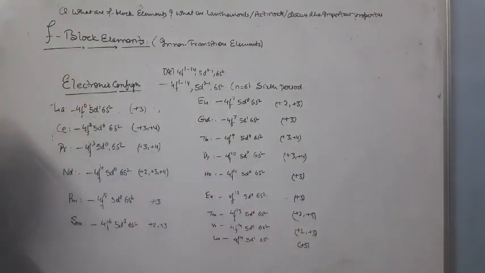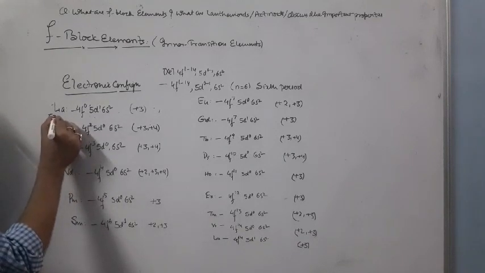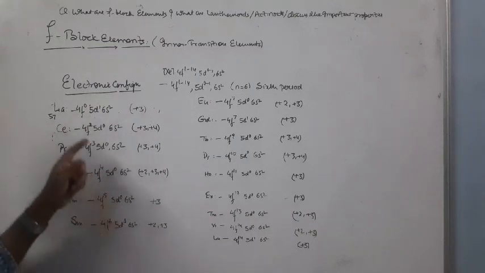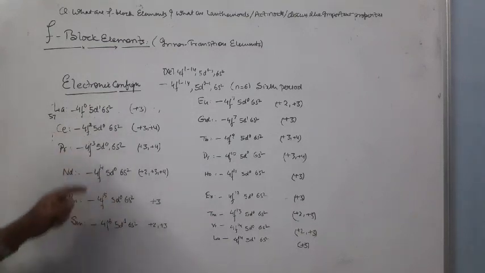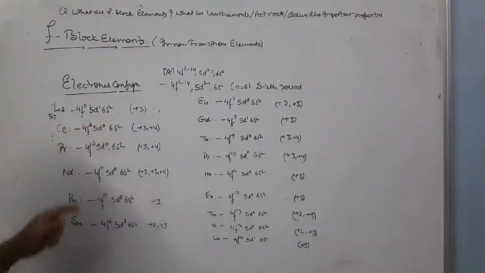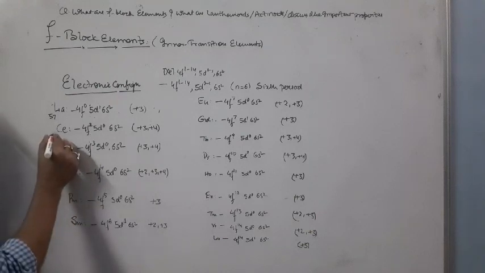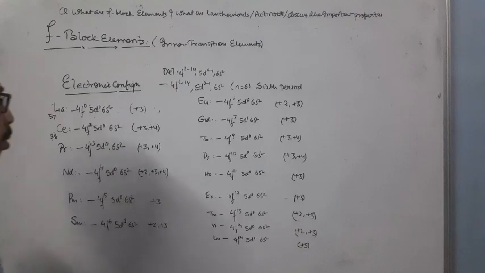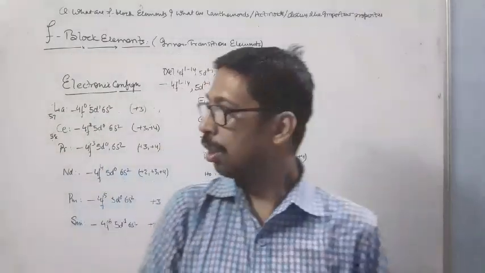Now here we can see that we have already mentioned the electronic configuration of lanthanoids starting from lanthanum, that is 57. The valence shell electronic configuration is 4f0, 5d1, 6s2. Then the next one, 4f2, 5d0, 6s2.